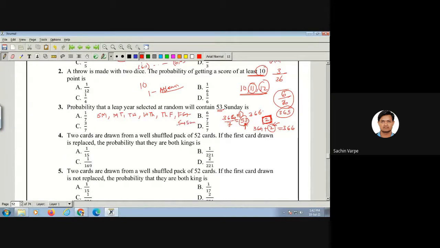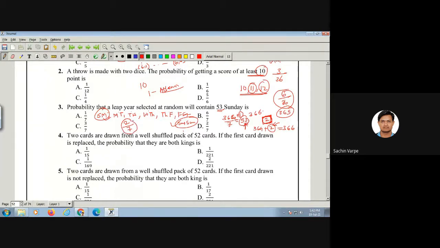So what are the possibilities containing Sunday? First and last, right? There are only 2 possibilities among how many possibilities? 1, 2, 3, 4, 5, 6, 7. So 2 possibilities out of 7.